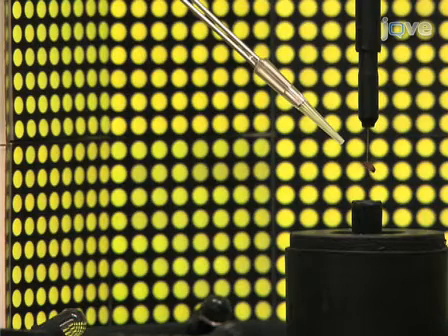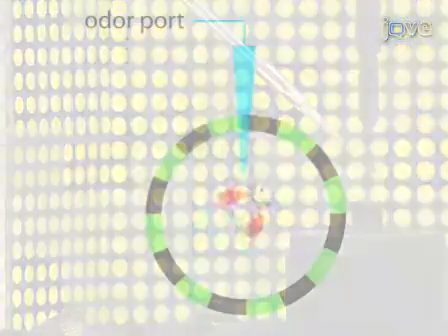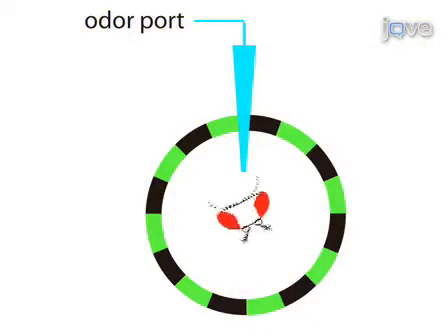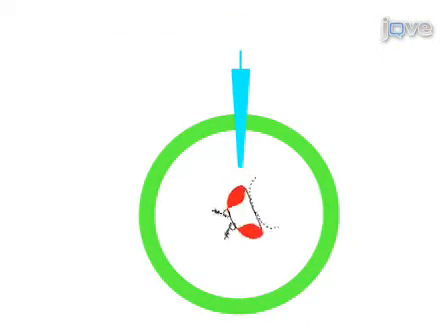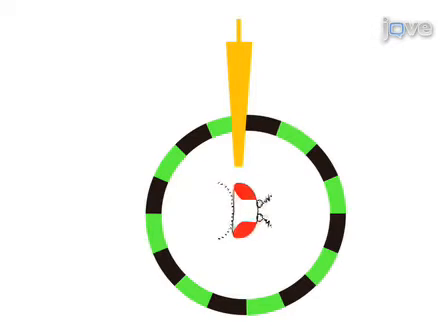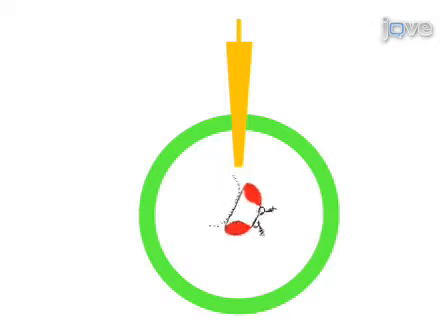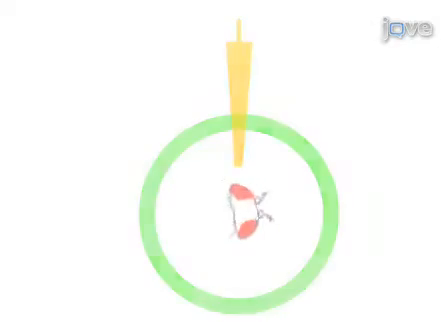Then present the following visual conditions: high contrast panoramic stripes with water vapor, uniform background with water vapor, high contrast panoramic stripes with odor vapor, and uniform background with odor vapor. Acquire video at 30 Hz for the duration of each experimental condition. Then use custom software routines written in MATLAB to analyze the images offline.